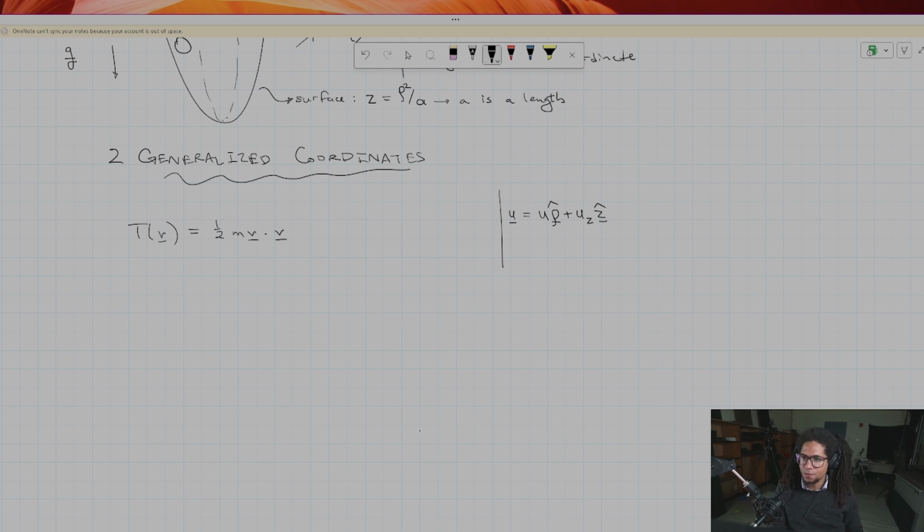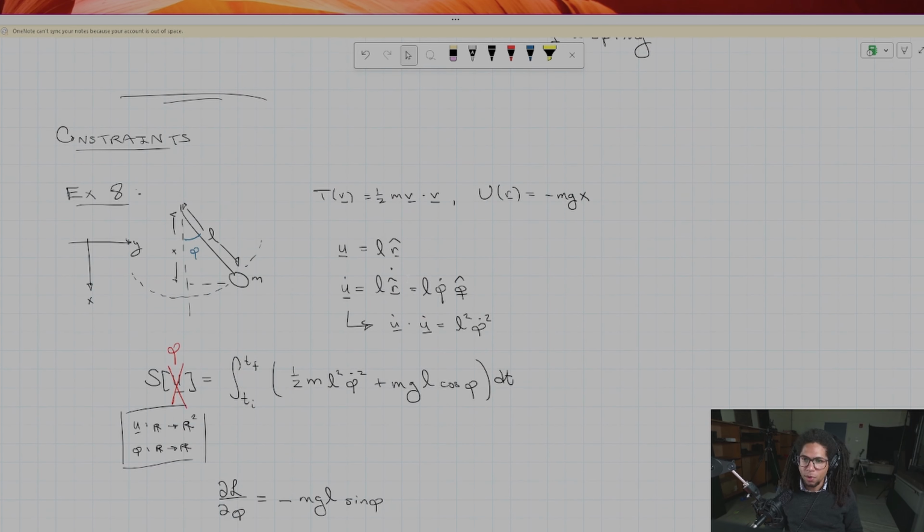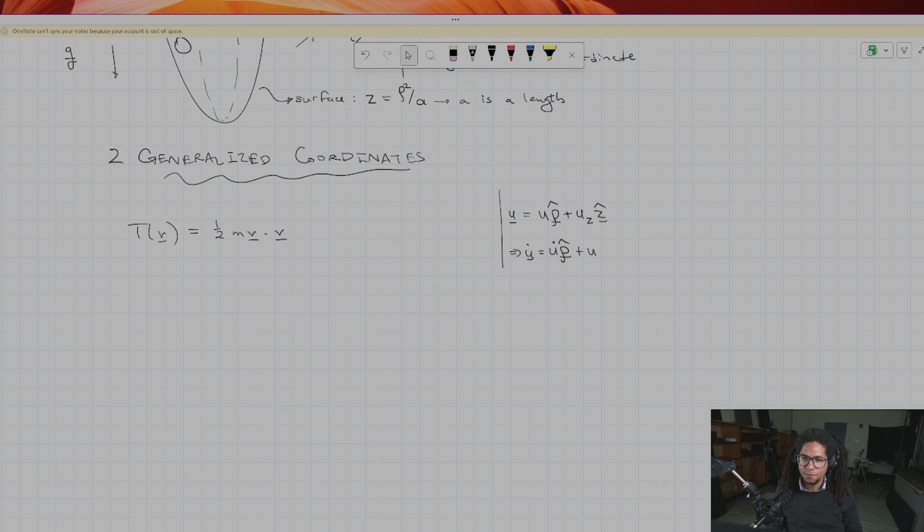Now, that implies that u dot will be equal to what? It will be u dot times the rho hat vector plus u times the rho hat vector dot. But that's just like the r hat vector dot in polar from above, which we see is given by phi dot phi hat.